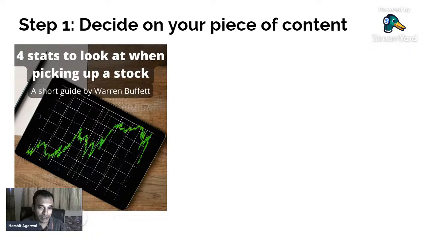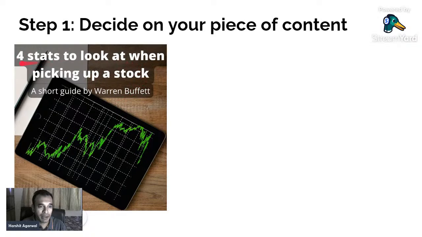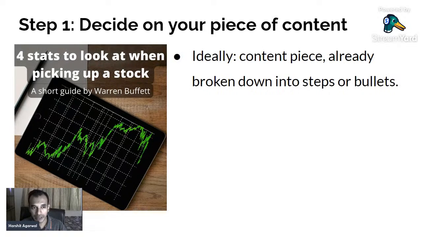Let us suppose there is a finance coach who wants people to sign up for his webinar, and the lead magnet is the 4 stats to look at when picking up a stock. So this is the lead magnet, and this is already broken down into steps. The idea is to deliver a chunk of information conversationally, and once you have delivered the information, you can ask, are you able to follow? Does that make sense?